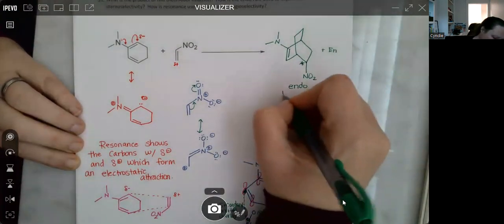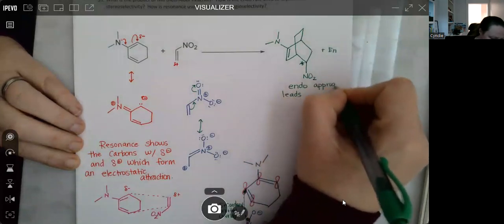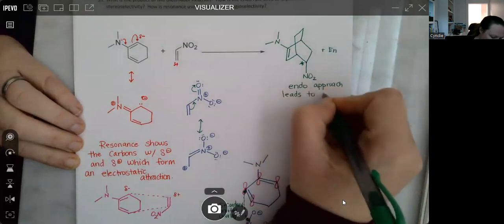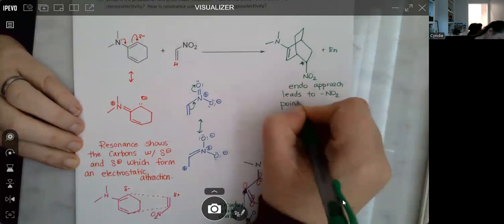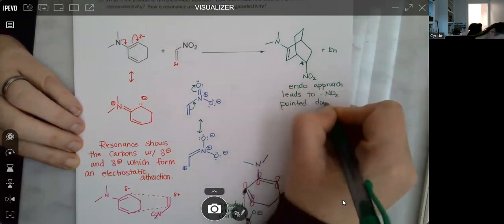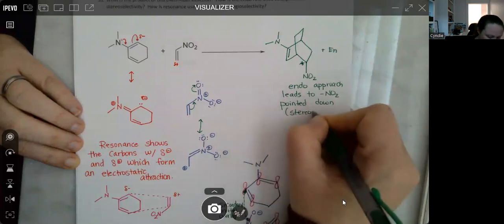So endo approach leads to nitro pointed down, which is the stereoselectivity.